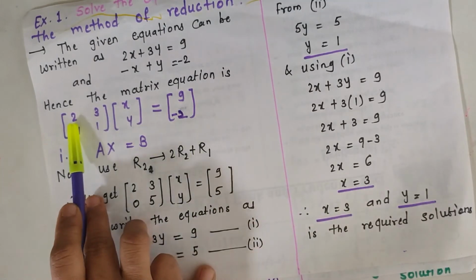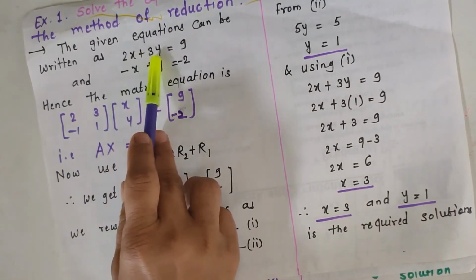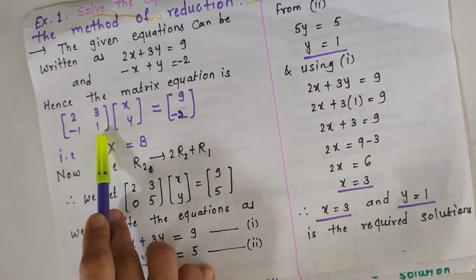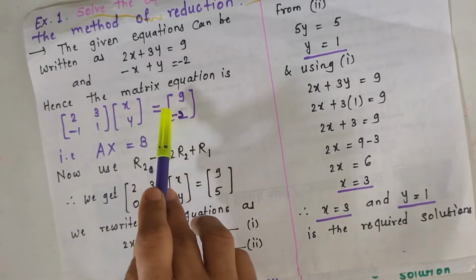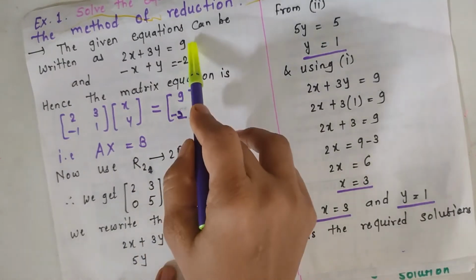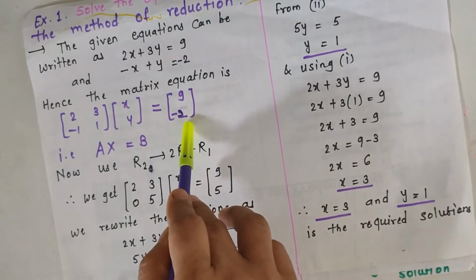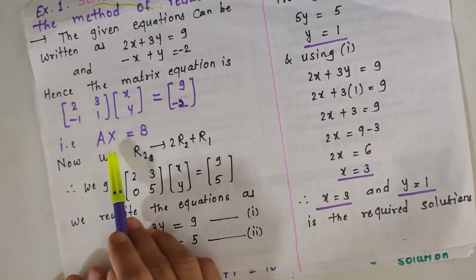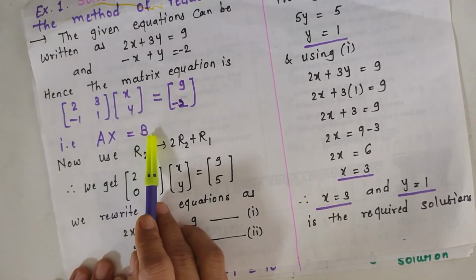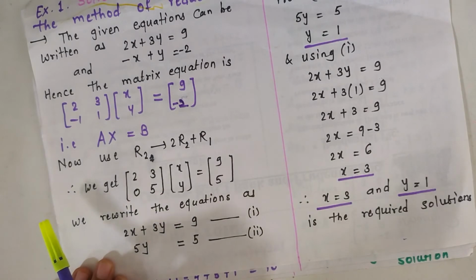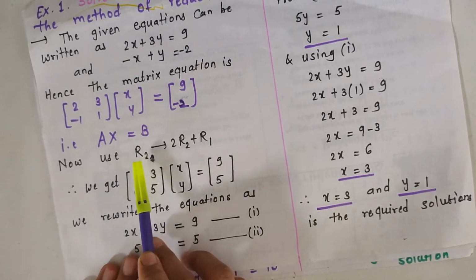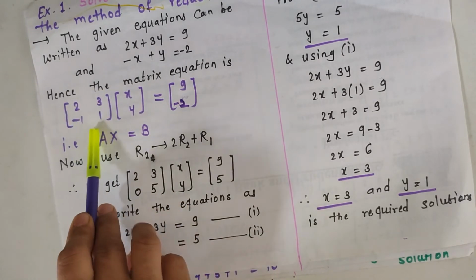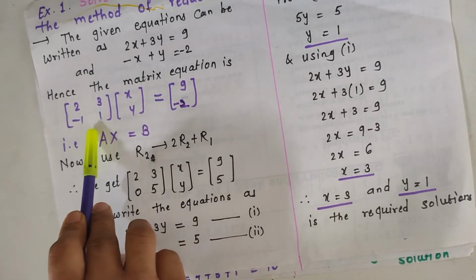So write the coefficients of the given equations, 2, 3 and minus 1, 1, into variables x, y is equal to the constants of these given equations, 9 and minus 2, in column matrix. That is A X is equal to B matrix form. Now in this method we have to convert the matrix A into an upper triangular matrix.